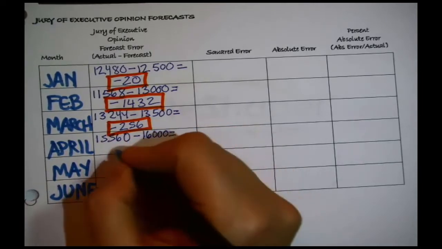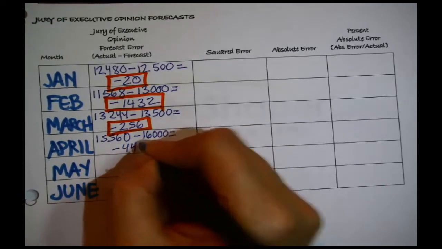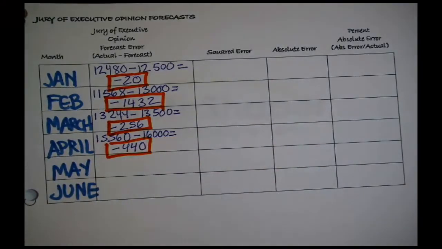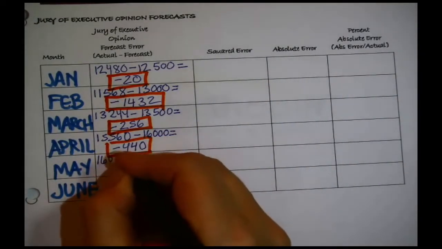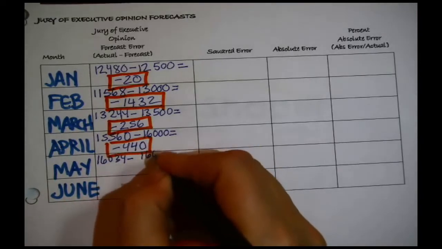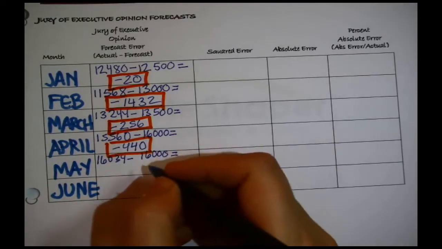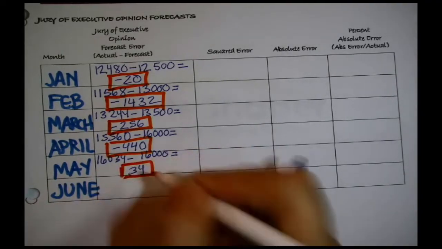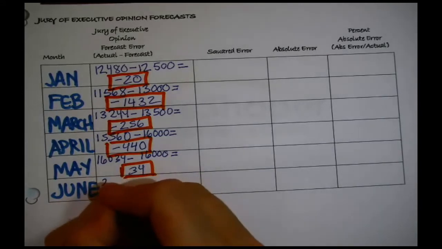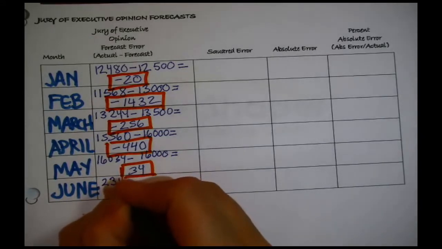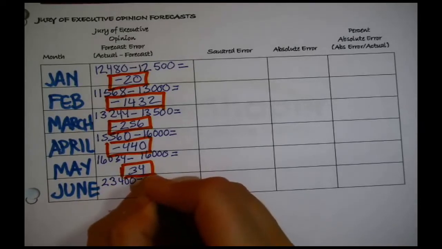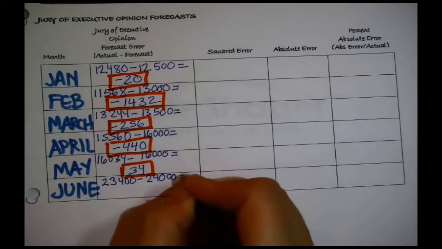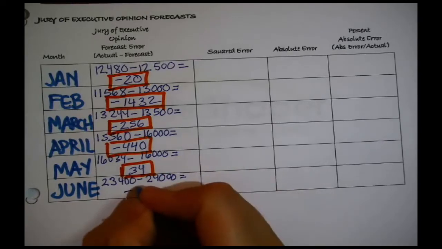So now our error is negative 440, the forecast error for April. In May, there were actually 16,034 transports, and they had predicted again 16,000 flat. So their error is only 34. And then in June, there were actually 23,400 transports, and they had predicted 24,000 transports, so their error was a negative 600.